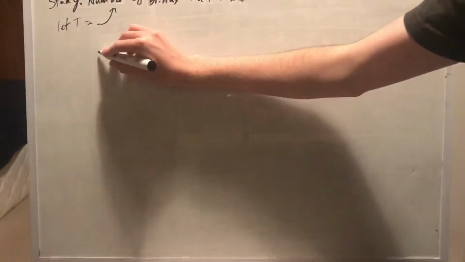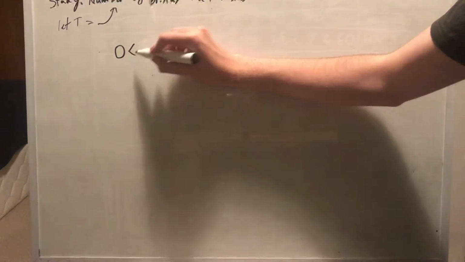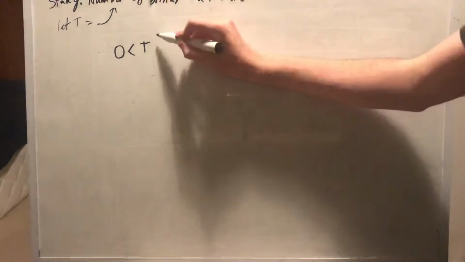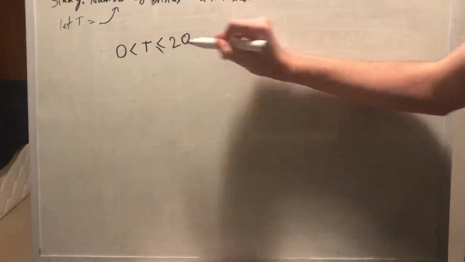I'm going to start off with 0. So here's our table. 0 is less than t, and t is less than or equal to 20.